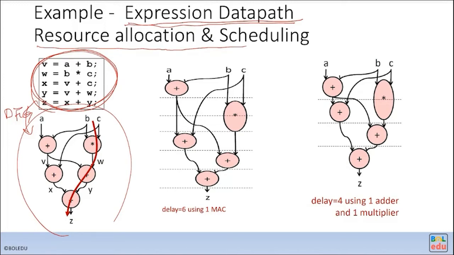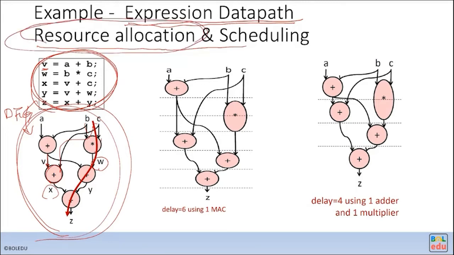So you see A plus B generates a V output, and V plus B times C generates W. And V plus C generates X, and so on. So you draw this graph, and then you decide the resource allocation.